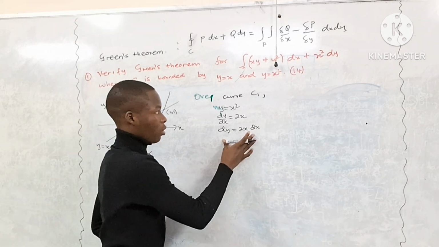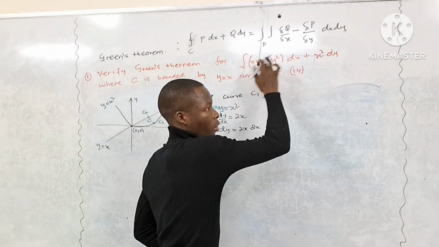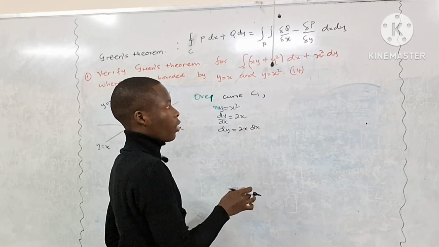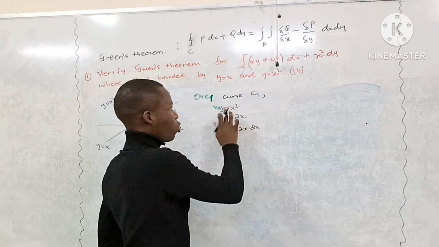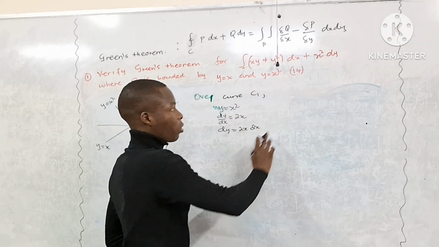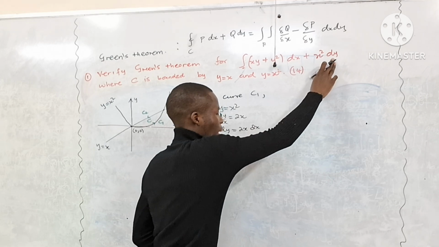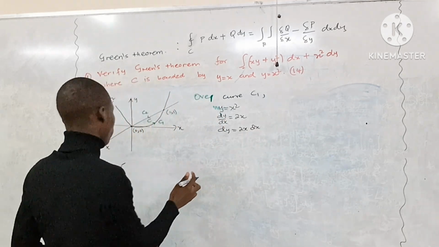Why am I doing this? I want to get rid of one variable in this function. So I'm going to get rid of y. I'm going to substitute where there is y by x squared, and where there is dy by 2x dx.